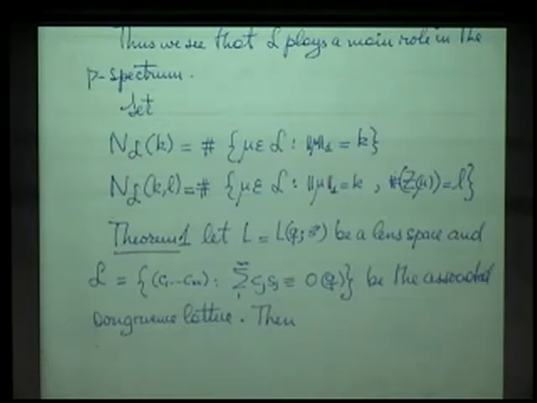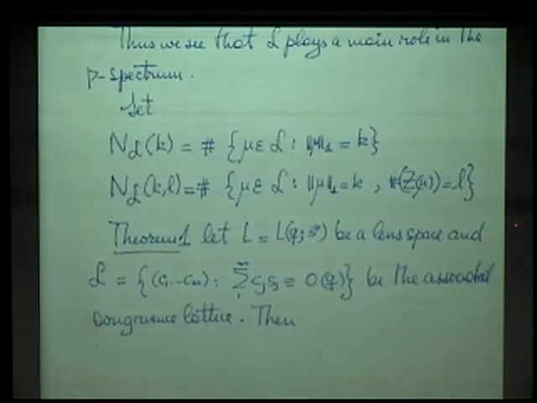We consider, in the congruence lattice, or in Z^m, the norm 1. That means we take the one norm in R^n. So it's just adding the absolute values, okay, the one norm. So we take the counting function of all those elements in L that have one norm equal to k, and then we also define this other counting function for those elements that have one norm equal to k and the number of zeros is l, a fixed l.